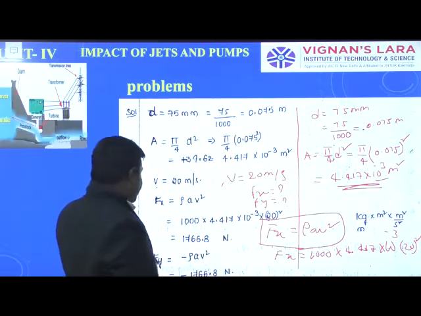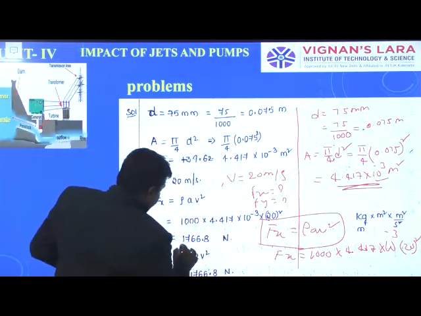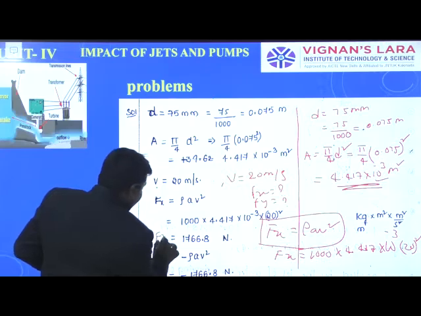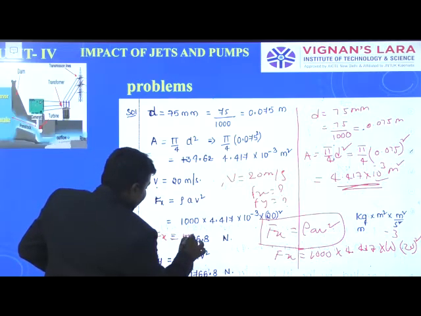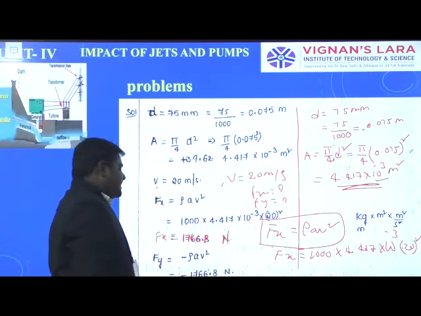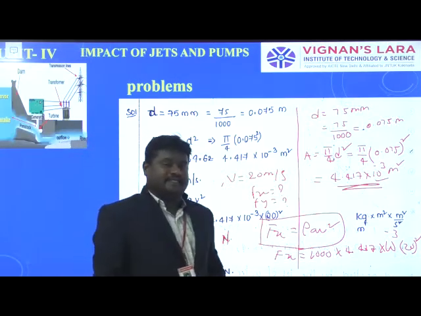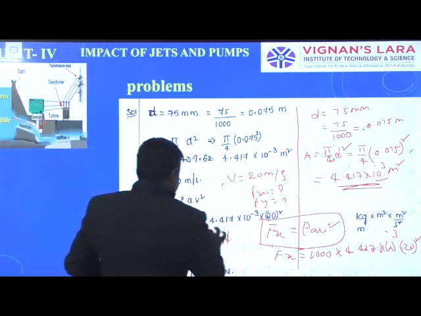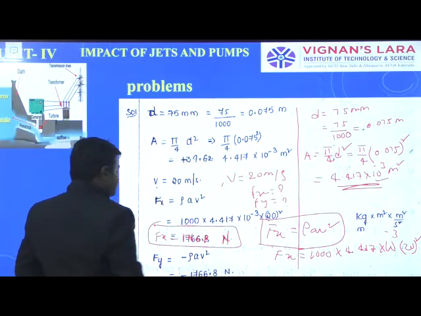Then we get Fx equal to 1766.8 newtons. Forces are in units of newtons. So this is the Fx value.